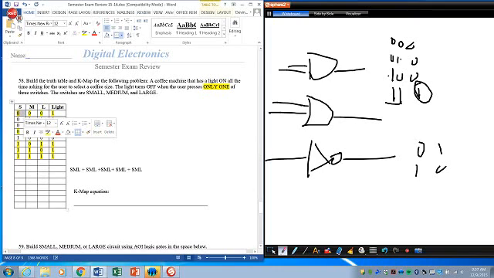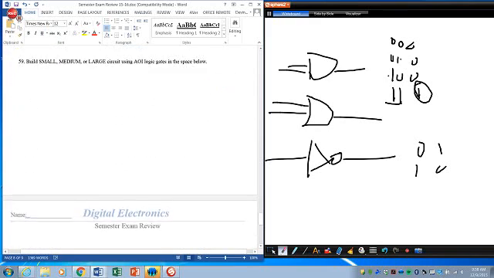In this case, I am going to use underline. So the next one, the S has a line on top, and then the next one is M. The next one is L. Okay, so that's your final equation that represents this circuit.